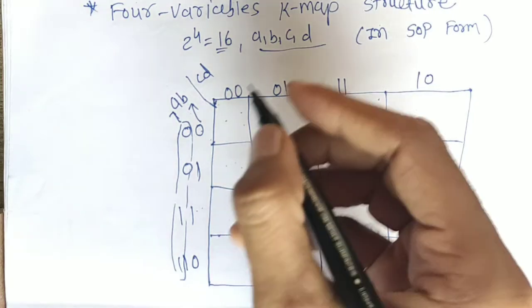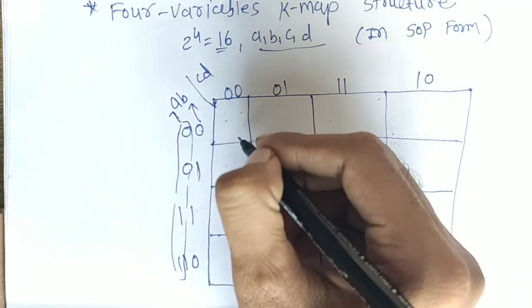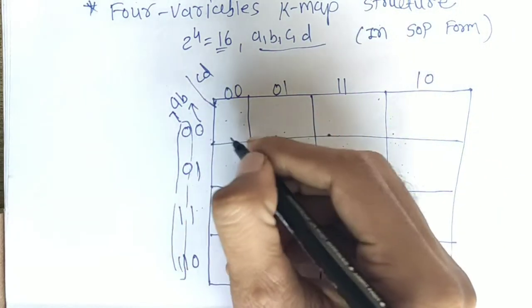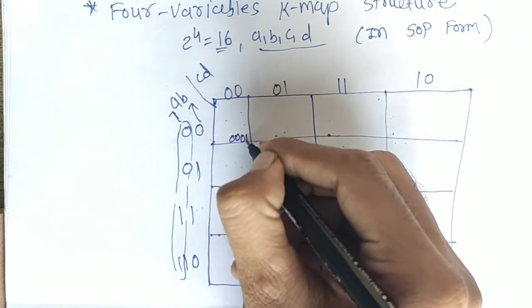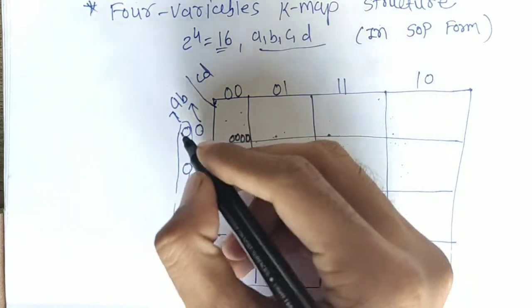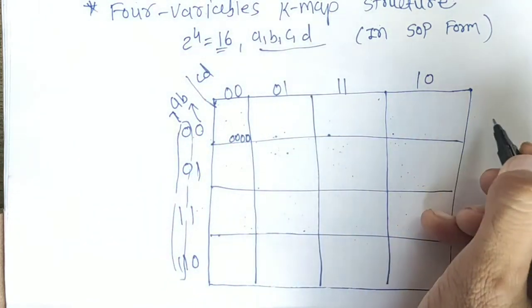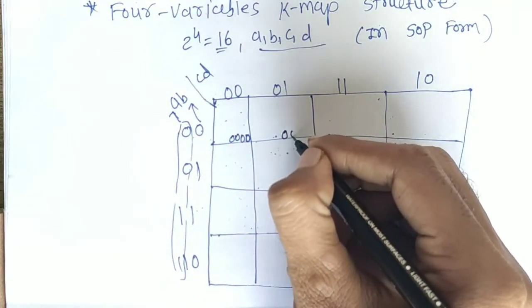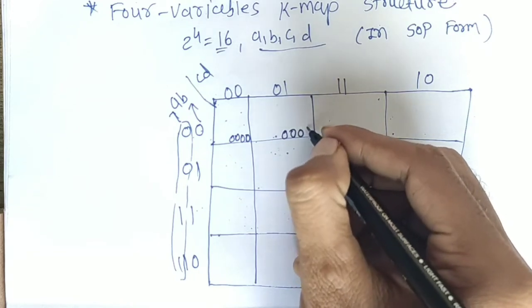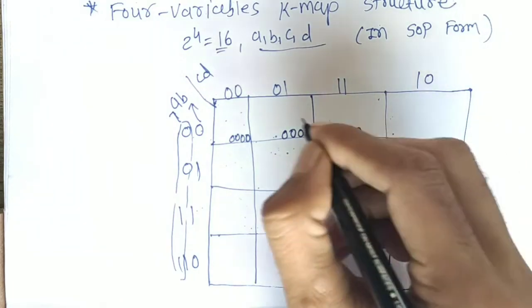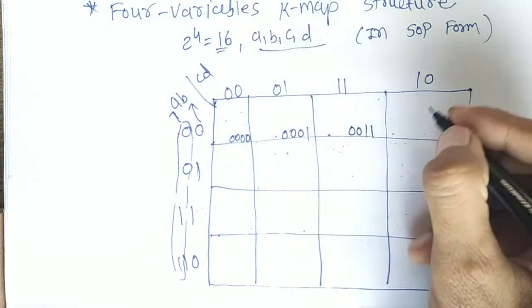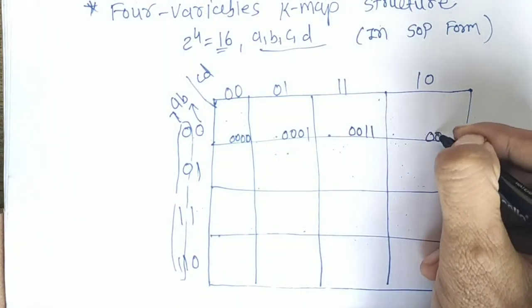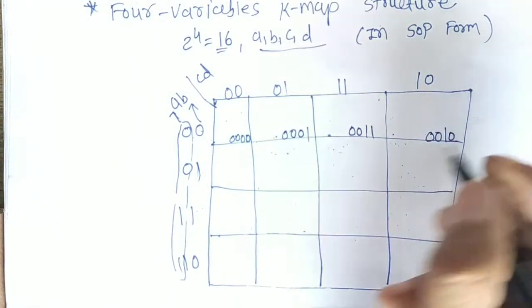So now we can define the address of each and every cell in SOP form. Here is 0, 0, 0 and 0. In this row AB is always 0, 0, and this one is column 0 and 1. Here is 0, 0, C and D both are 1, 1. Here is AB 0, 0 and 1, 0.